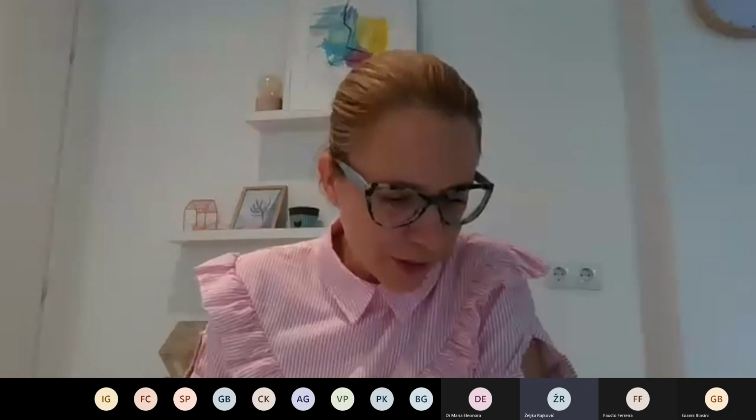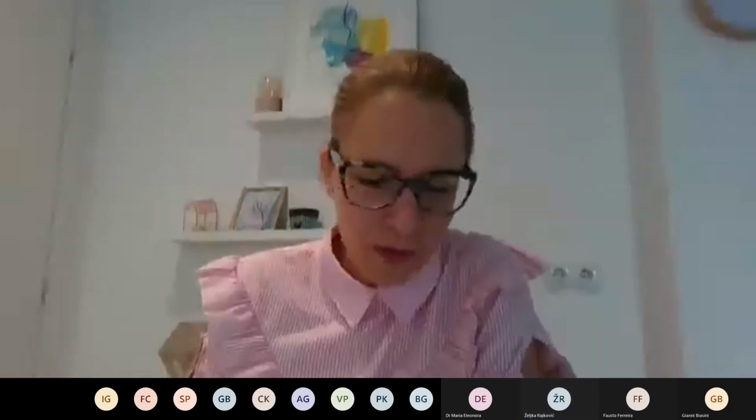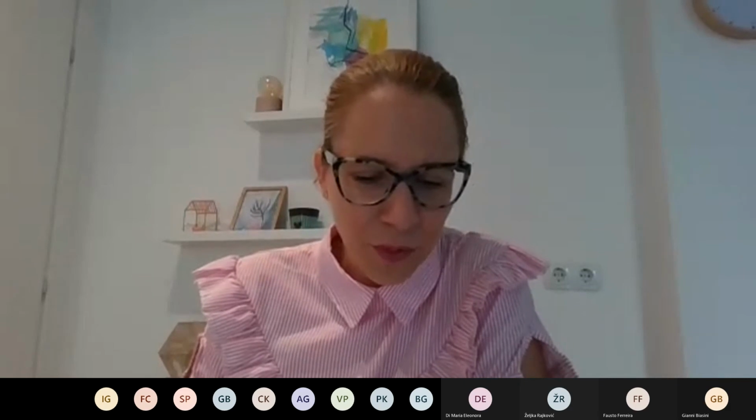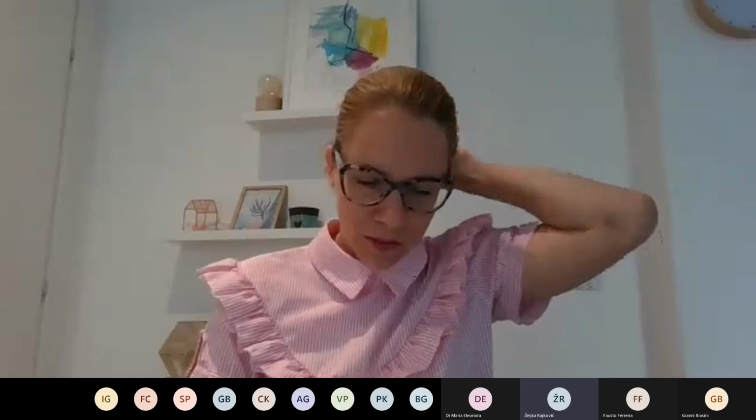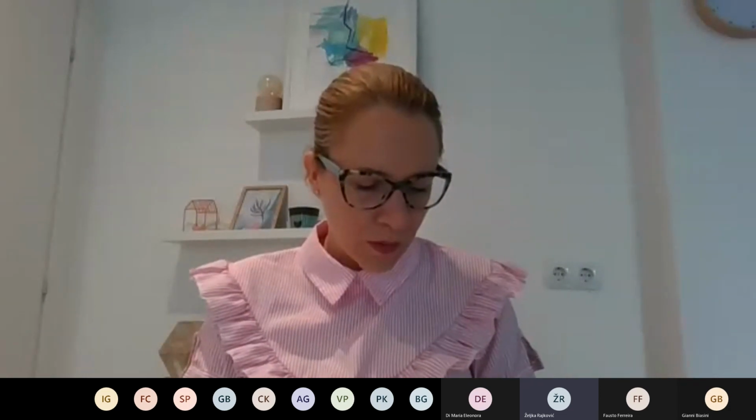So we are still in the phase of collecting all the possible inputs that might help us to be more specific, because the easiest part is to sit down and say, okay, let's write down what we want this to be and the functionalities, but this all helps us to come to more specific and more useful results afterwards. Well, for now, I don't have anything else to add, so if somebody has any questions, and if I know the answer, I will be happy to answer.